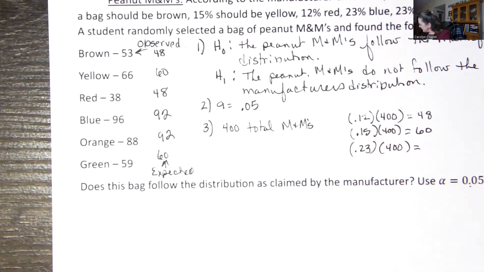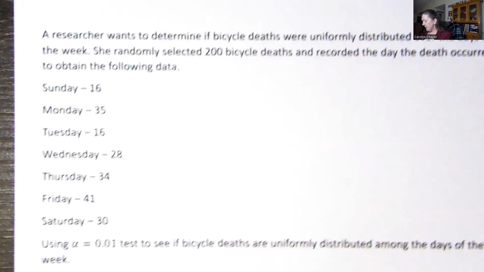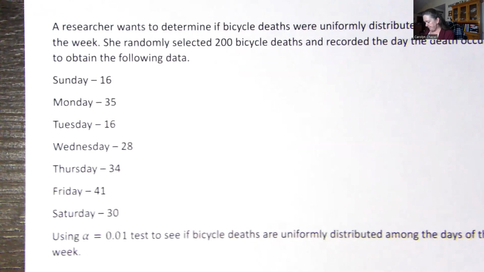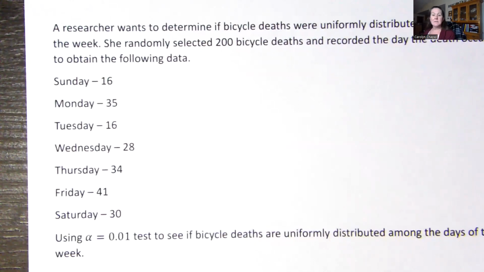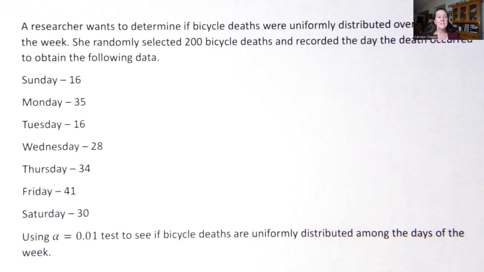All right, let's do another one. So I have another one down here, because not all distributions are given to us in percentages. Sometimes they are, sometimes they're not. And this one is saying that a researcher wants to determine if bicycle deaths are uniformly distributed over the days of the week. So in other words, uniformly, you have to remember what that means.